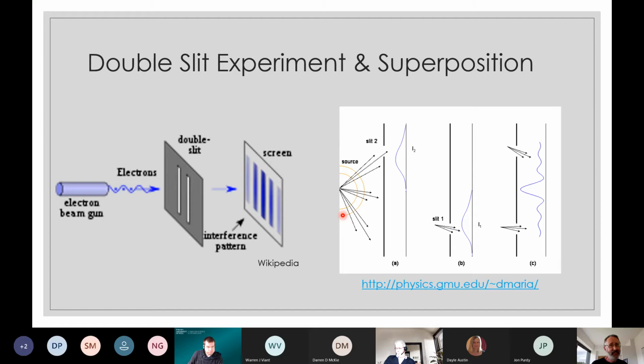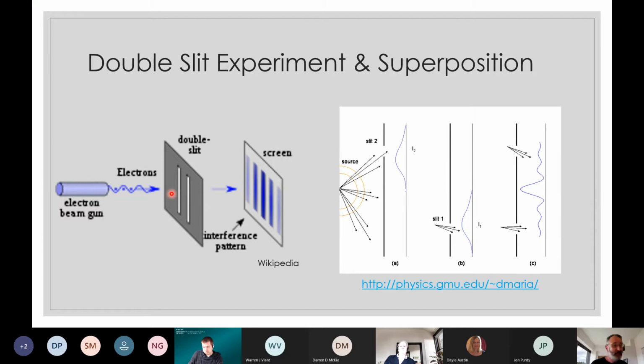Even more puzzling, if you sneak away and turn the power off the camera, it magically somehow knows and you get the diffraction pattern back again. That is kind of how weird things are at the quantum level. Now, going back to a single electron going through, forget the camera.